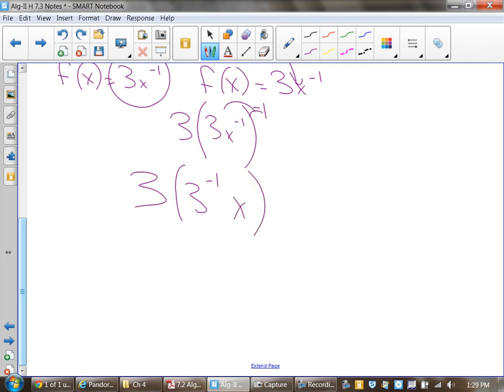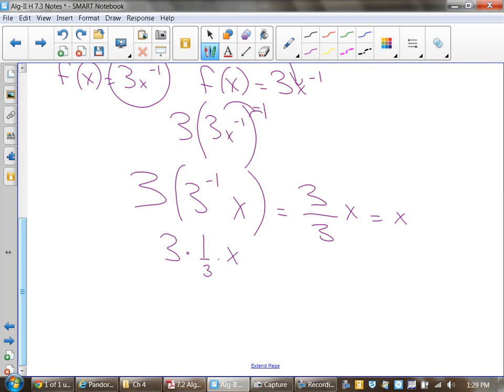And then you get 3 over 3 times x, which is x. The reason is that the only thing that's left that has a negative exponent is the 3. So you get 3 times 1/3 times x, and it simplifies itself out.